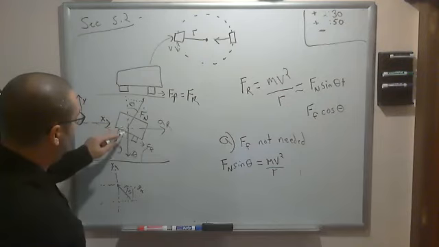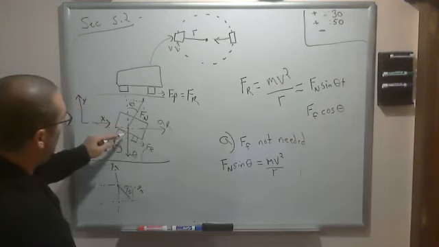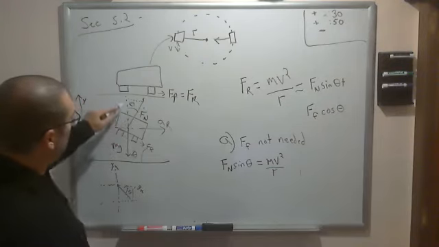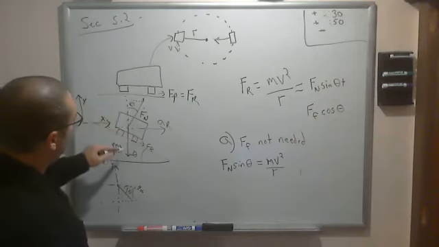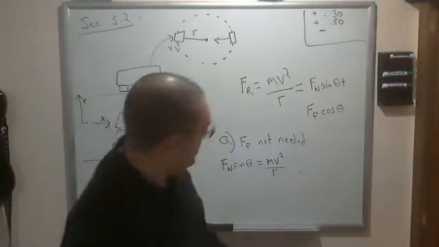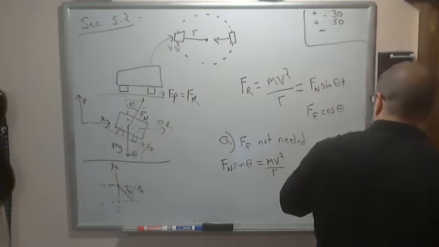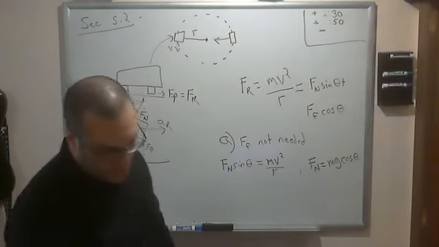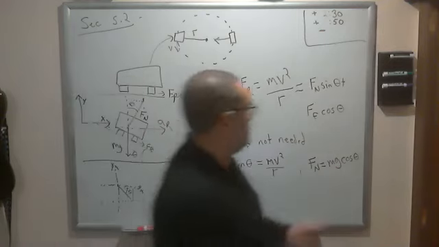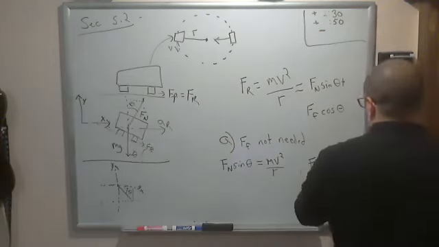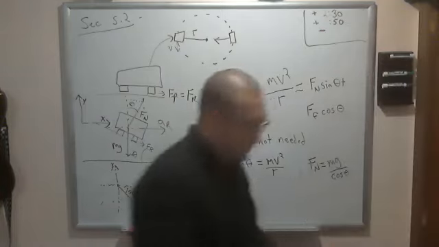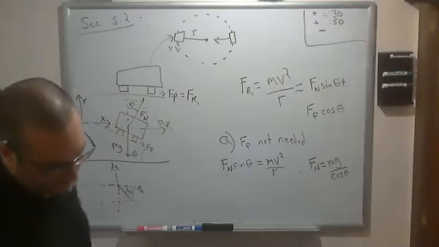Fn, if you remember from our inclined plane, is equal to mg cosine theta. I'm sorry, divided by cosine theta. Right?